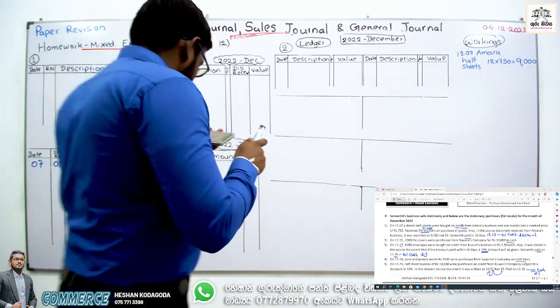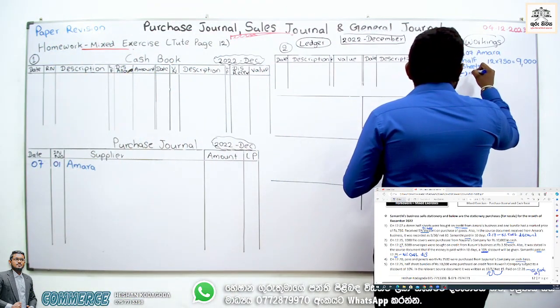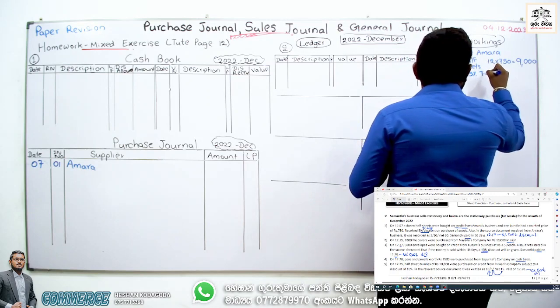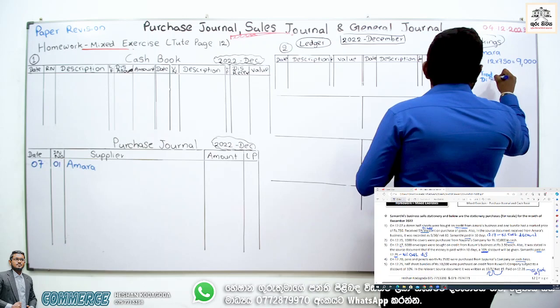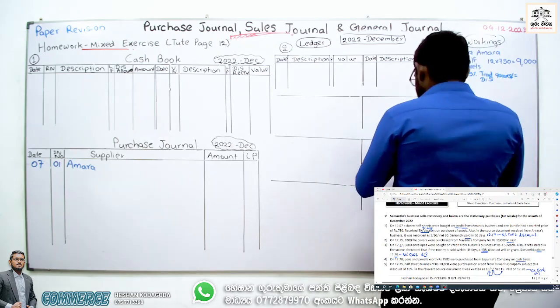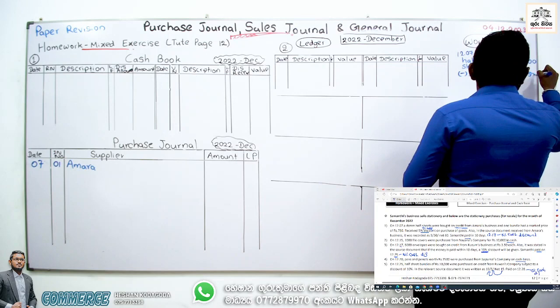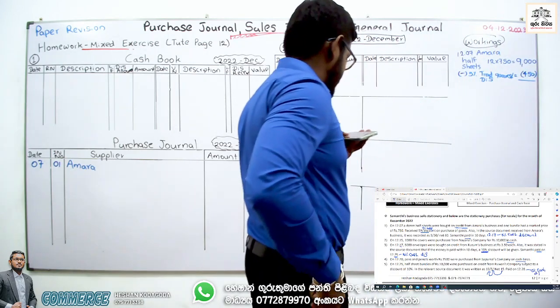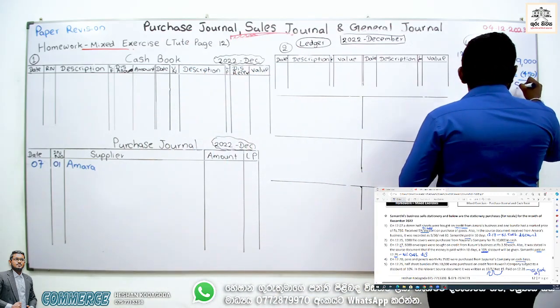So you need to calculate minus 5% trade discount, which means 9,000 into 5%. How much? It's 450. Once you deduct the trade discount, it's 8,550.